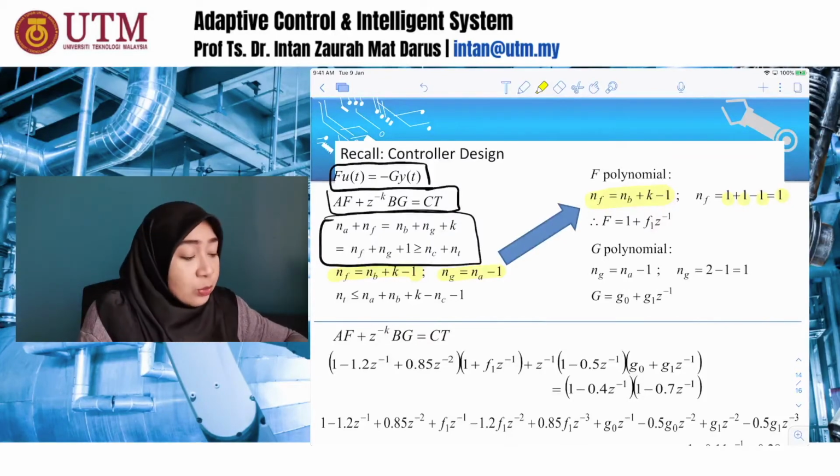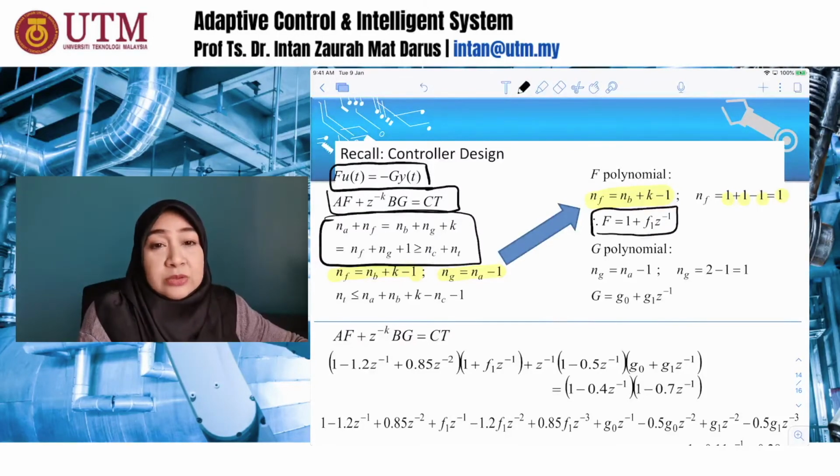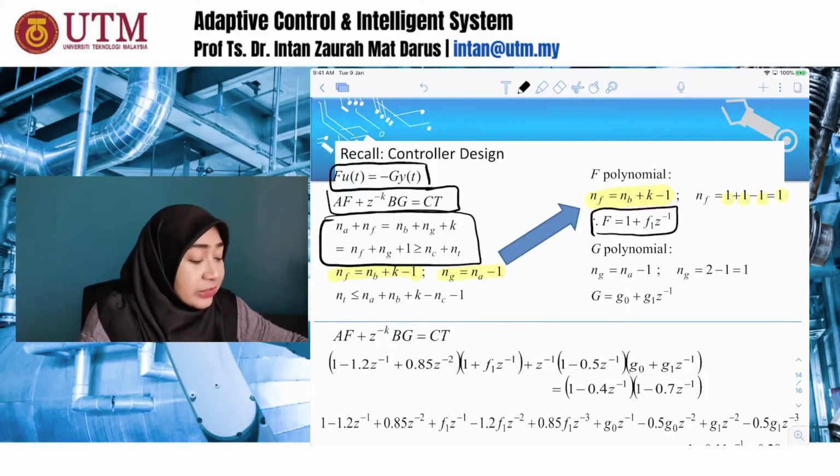So for my controller, the polynomial F has to be of model order 1 only. Because of that requirement, my F can only be equal to 1 plus f1 z minus 1. So I need to then find out what f1 is. That is the design from my design equation, but the model order I already decided based on this equation here.